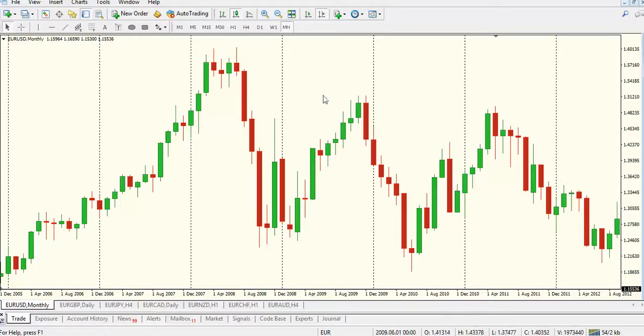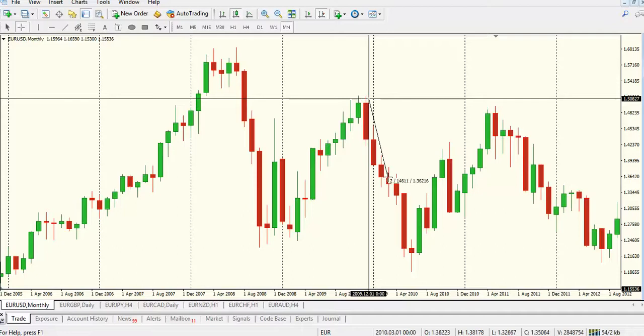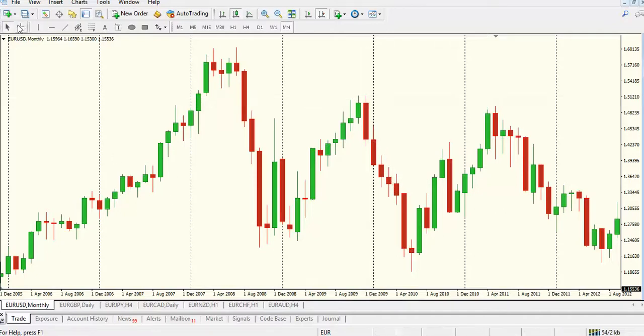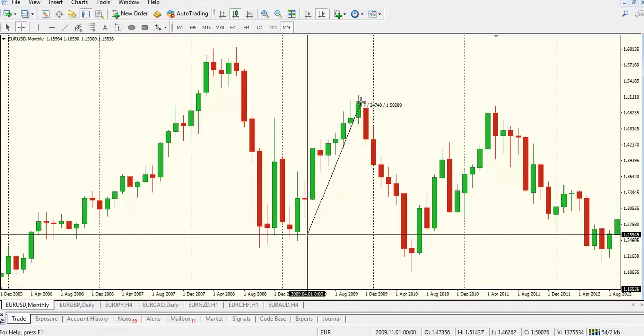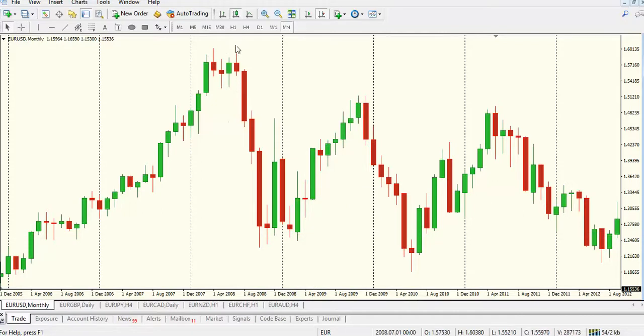When this one also formed, the high here also formed, we saw prices coming low. Now when we saw this low formed, we saw prices going up. So when the higher one is formed, we see prices coming down, and when the lower one is formed, we see prices going up.